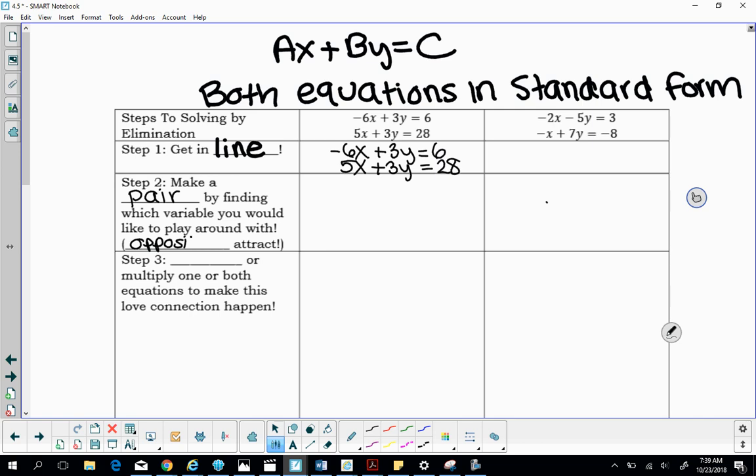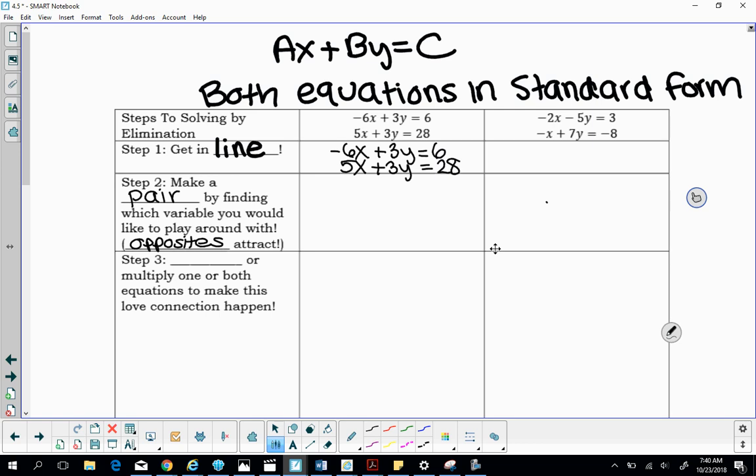Opposites attract. And so what we do is we look at the coefficients that are in front of x and the coefficients that are in front of y. Our goal is to get the coefficients the same number, different sign. If we look at the x's, what are the coefficients of x right here? -6 and what?